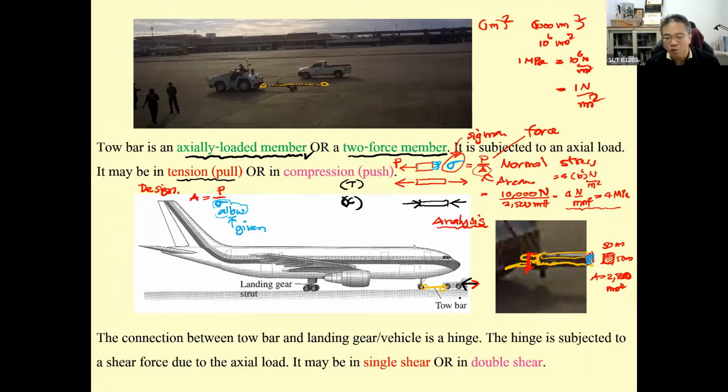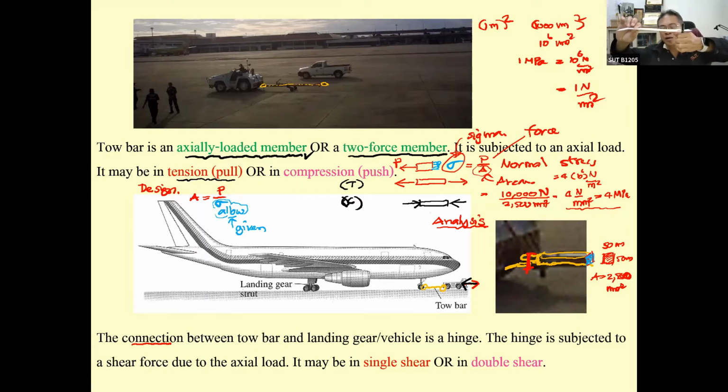Now we come to the next important thing, the connection. For example, you have the tow bar like this, and then you pull it. See my pen over here. My pen connects to the car, and this tow bar is like a paper band over here.